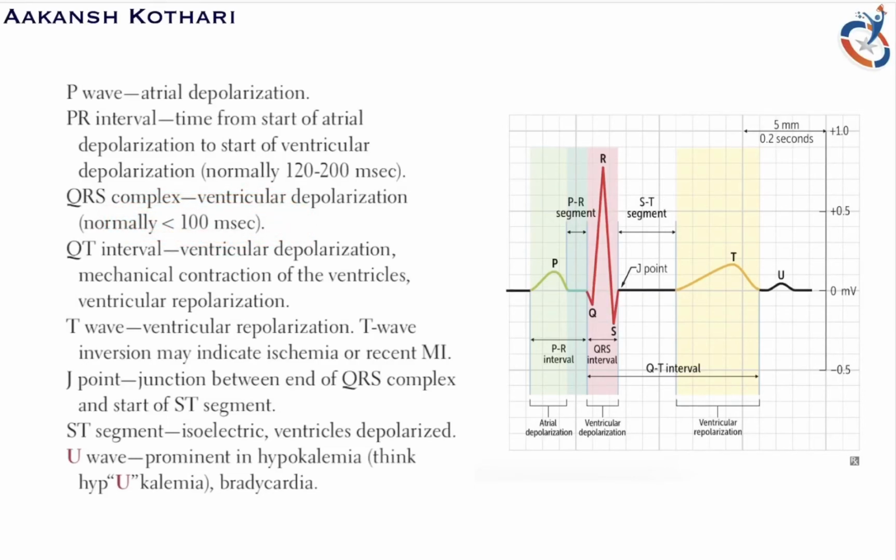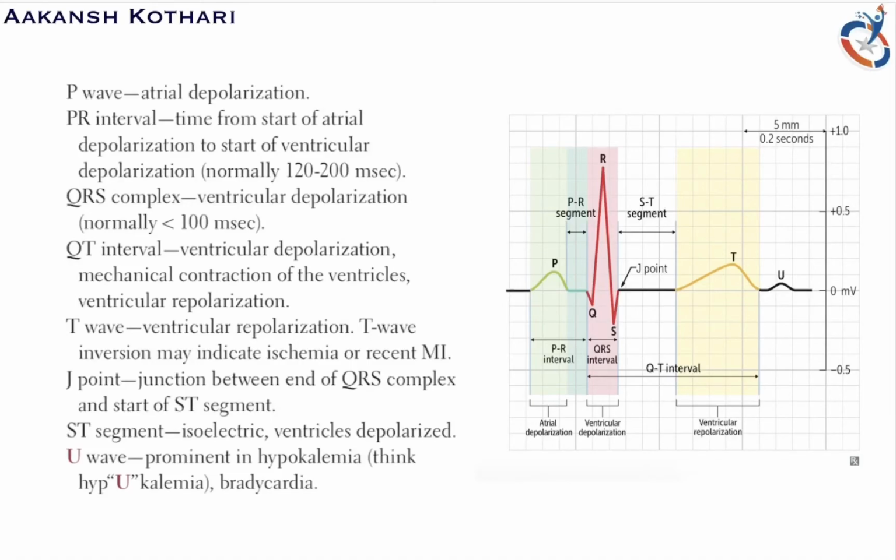Talking about the QT interval, which is one of the most important intervals that is again affected by different types of anti-arrhythmic drugs. The QT interval signifies ventricular depolarization and mechanical contraction of the ventricle, followed by ventricular repolarization.